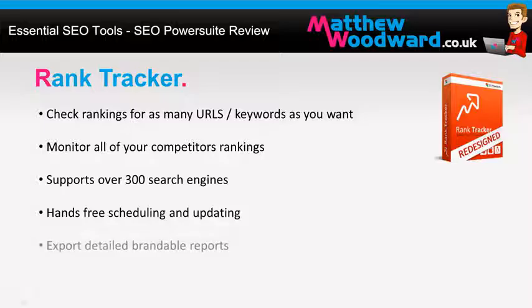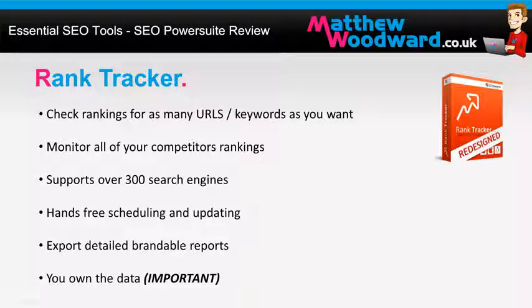There are a huge range of detailed reports that you can brand up as your own. But most importantly, you own and control the data. If you use a web-based service, you could lose all your historical ranking data in the blink of an eye. Any former SE Scout customers will testify to how important owning your data is.